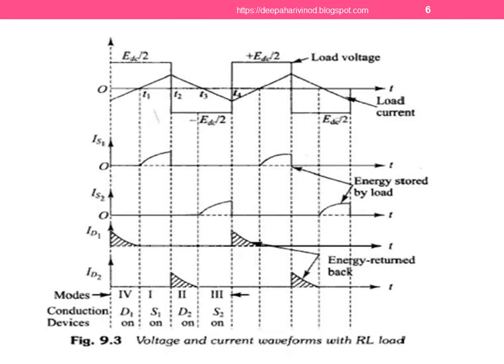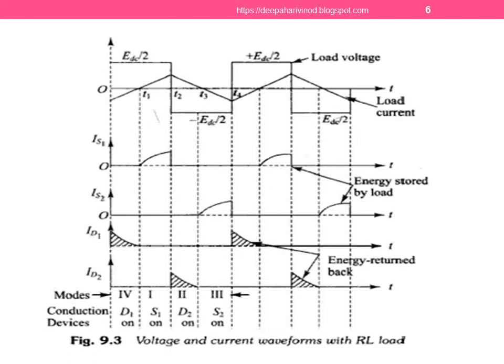The load current flows through the lower half of the supply and D2. In this interval, freewheeling diode D2 is on, and the stored energy is fed back to the lower half of the source through the freewheeling diode.